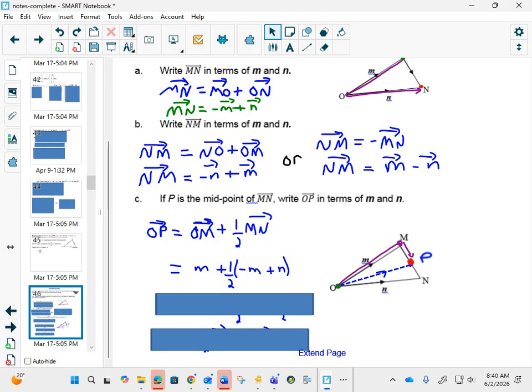So if I have vector M here, and minus M plus N there, halfway.